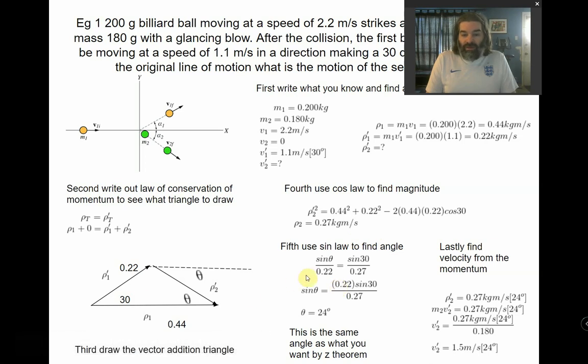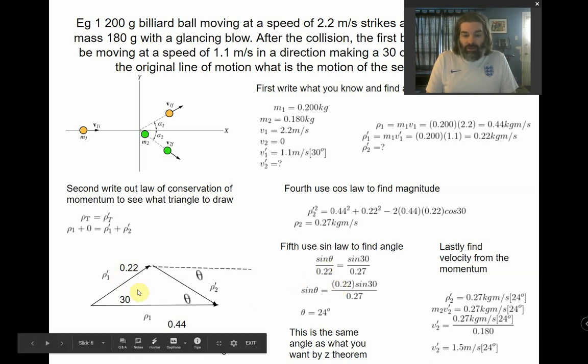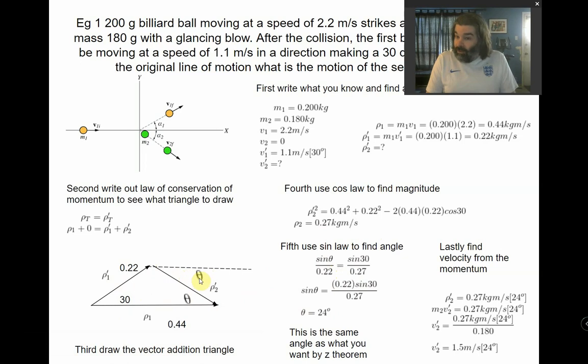Then I can use sine law: sine theta over p1 prime is sine 30 over this side that I just found. Solve for theta, and you find that that's 24 degrees, and by the Z theorem, this line would be parallel to that, so this would also be 24 degrees below.